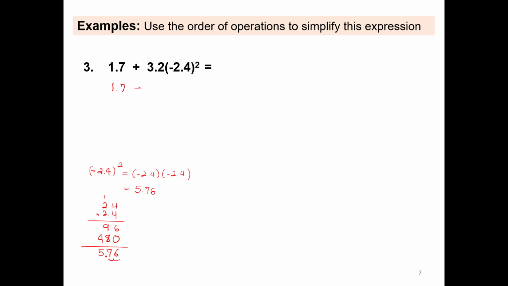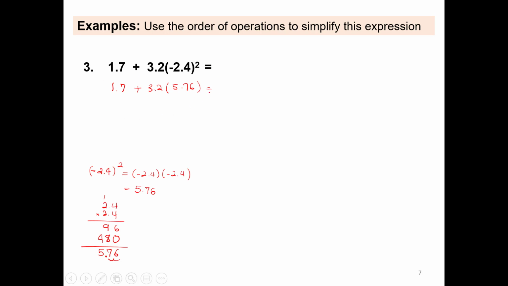Here is 1.7 plus 3.2 times 5.76. Then the next thing we want to solve is the multiplication.